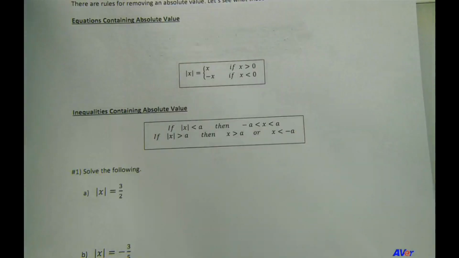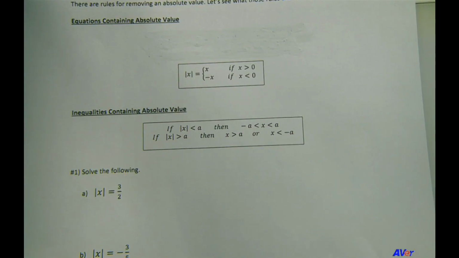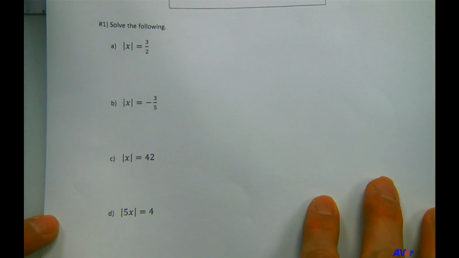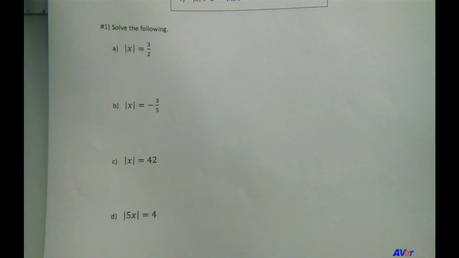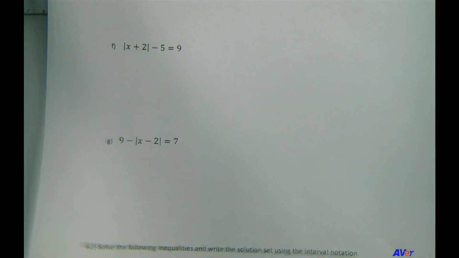Okay. All right, so absolute value equalities, as you can see right here. These are some examples of absolute value equalities, and I want to show you some examples on the other page like that. These are absolute value equalities. And then absolute value inequalities, this is what they look like. They look like that, right? These are absolute value inequalities.